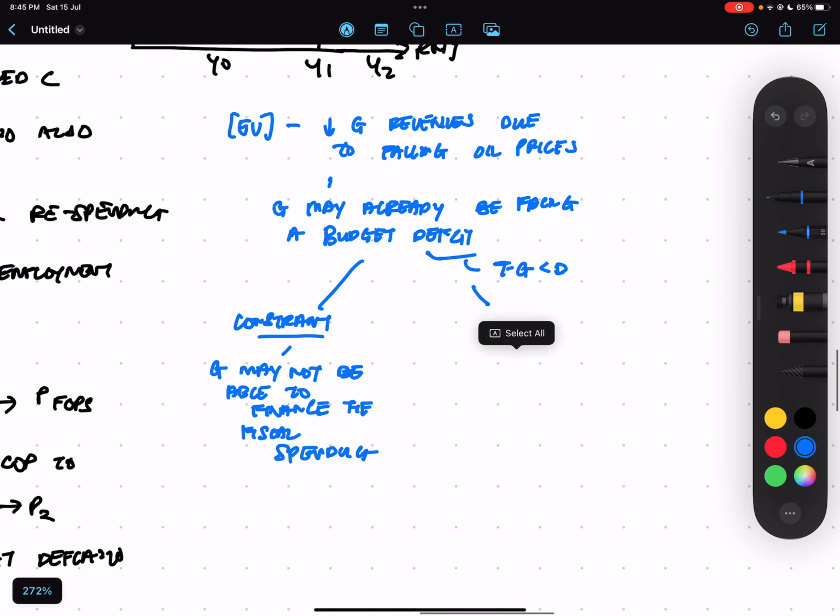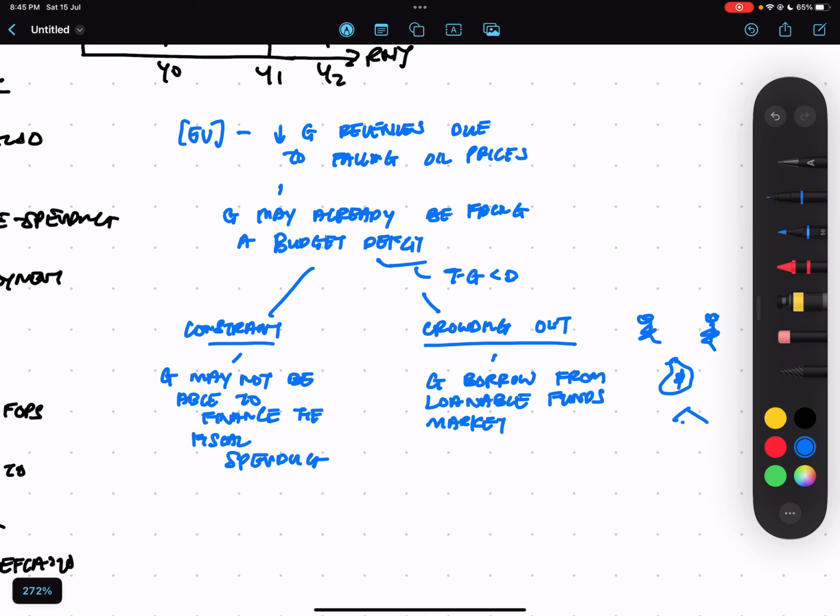You have a stack of money here, and this guy wants it, and this guy wants it, and then suddenly the government also wants it. Everybody fights for this bag of money, and the way they fight is through a rise in interest rates. This guy says, I'll pay you 3%, and this guy says, I'll pay 4%, but the government comes in and says, I'll pay 5%.